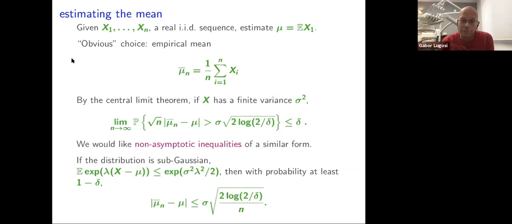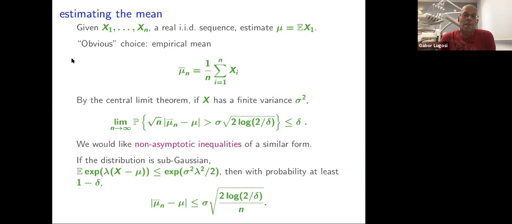But if you don't assume anything, then all we know is that the expectation exists, and there's nothing we can say about the speed of convergence. No matter what estimator you give me, I can always find a distribution such that for that estimator, the error will be large, no matter how large n is. So the law of large numbers holds, but if you want anything non-asymptotic, then we are dead.